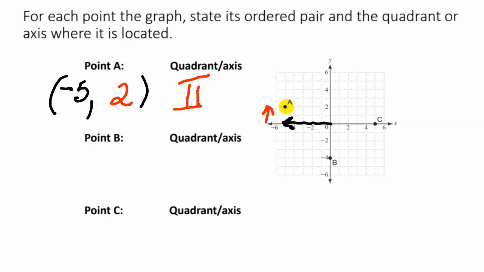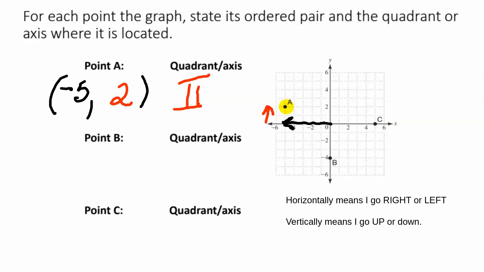Now, B and C have posed a problem. But if you remember, and this is probably the easiest, okay, horizontally means I go right or left. Vertically means I go up or down.